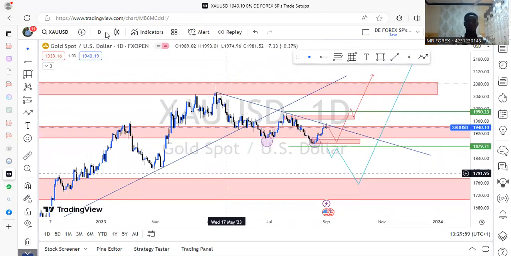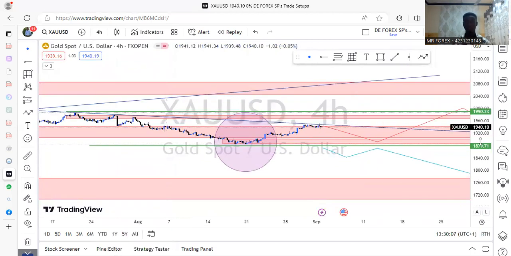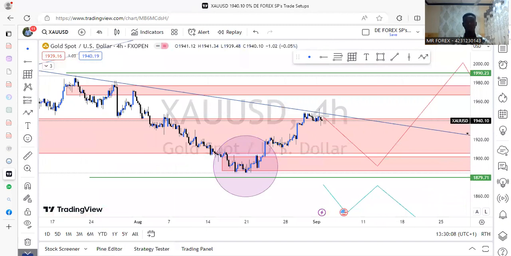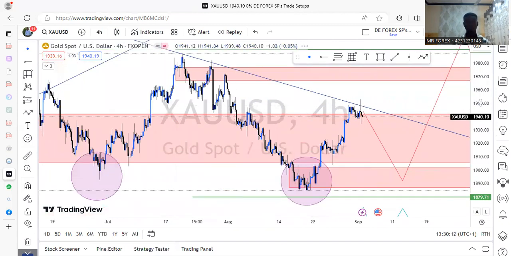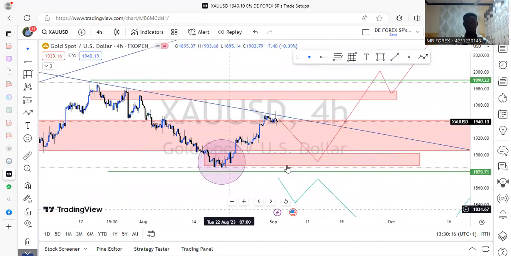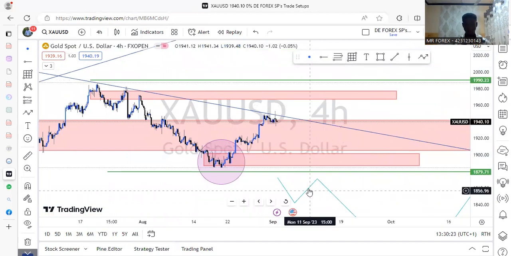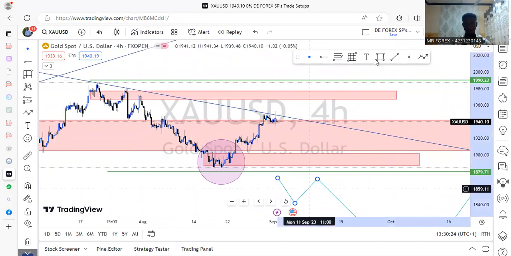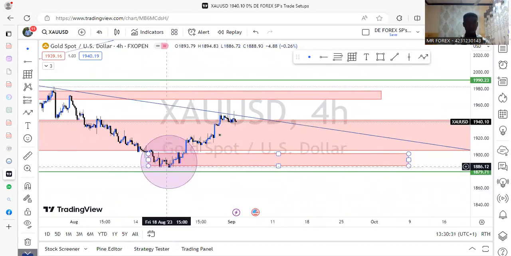Okay, so let's go to the 4 hour if I can find something. So coming to the 4 hour, we already know what we are looking out for. So let's clear some of these things from the chart, so you can see what is going on the 4 hour.